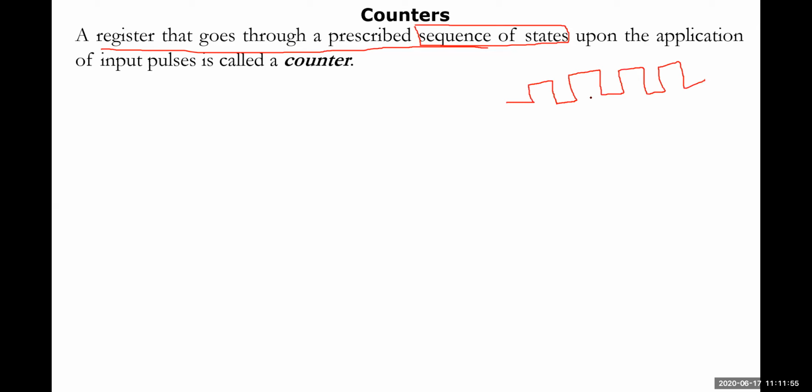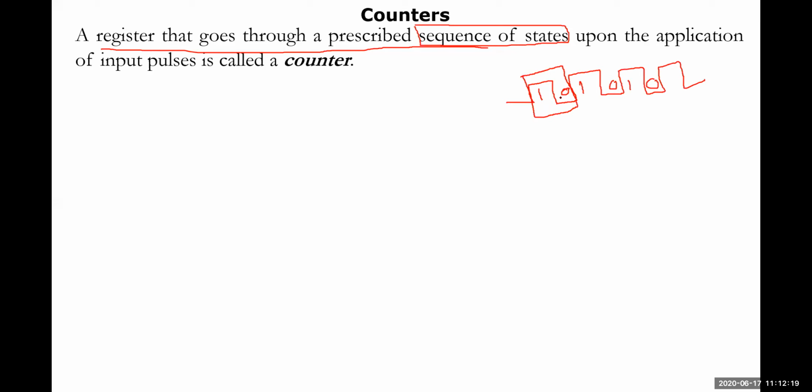Look at this. This is 1, this is 0, this is 1 again, this is 0, this is 1 again, this is 0, and so on and so forth. From this particular place to this place is completely called one clock pulse. So within one clock pulse, two states might be there. One is the up state and the second one is the down state, that is 1 or 0.